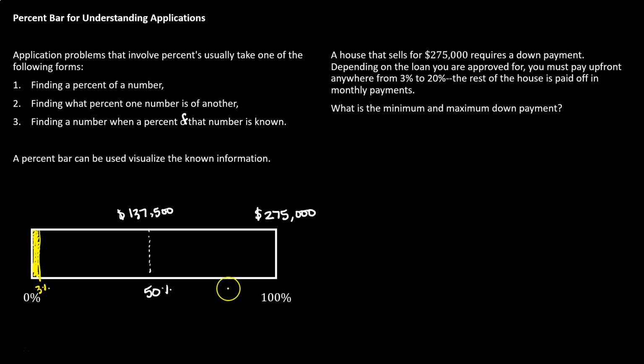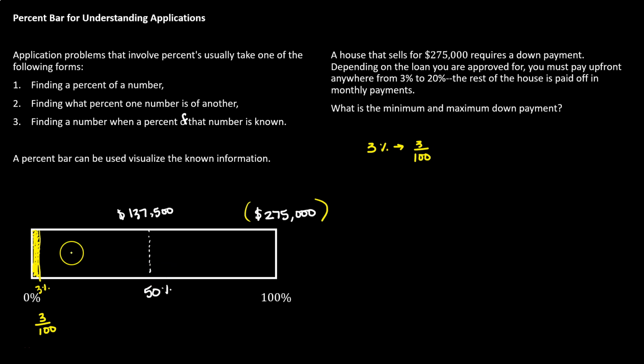Well, remember that 3% is equivalent to 3 over 100. So we're looking at 3/100ths of the total house price. So to calculate this, we're going to take that percent, 3%. We're going to turn it into a fraction, 3 over 100.